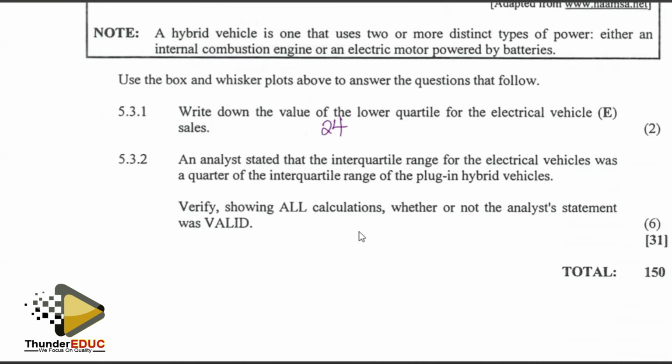And I stated that the interquartile range of the electric vehicle was a quarter of the interquartile range of P. So the interquartile range of E is a quarter of the interquartile range of P. When you hear interquartile, IQR equals Q3 minus Q1. So we shall go and look for Q3 minus Q1.